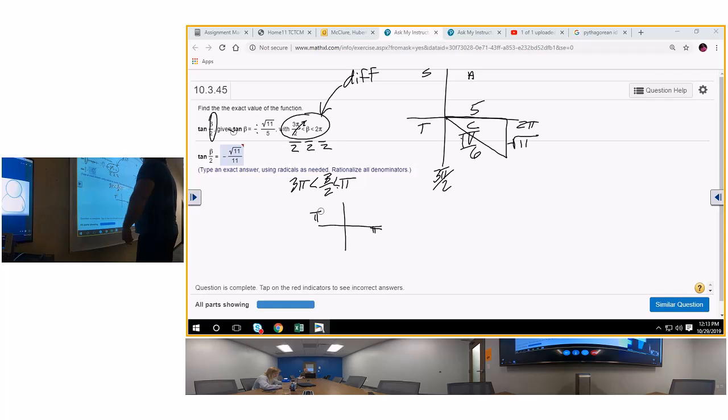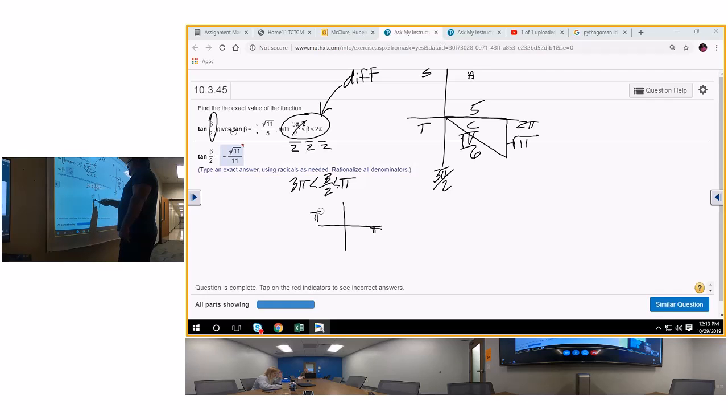So 3 pi, well, that's 2 pi right there plus pi. So it's going to be between pi and 3 pi. That's 2 pi. That's 3 pi. So I guess I'll make sure I did that right. Let me just go ahead and finish doing what I'm doing.